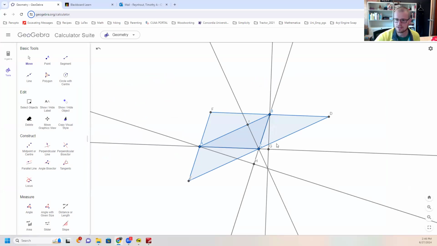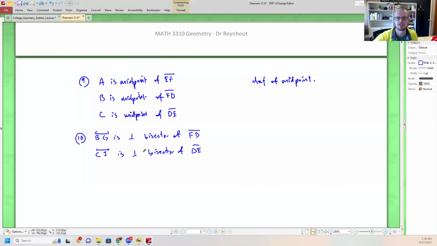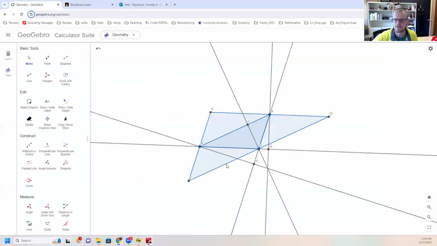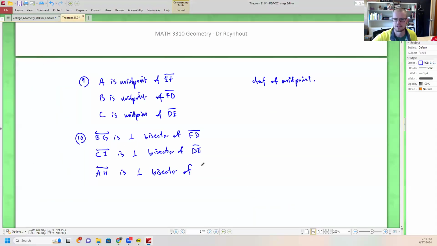And then AH is the perpendicular bisector of EF. And this is simply by the definition of a perpendicular bisector. Fantastic.